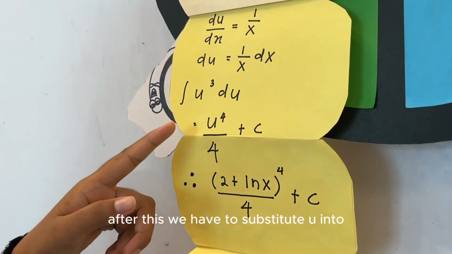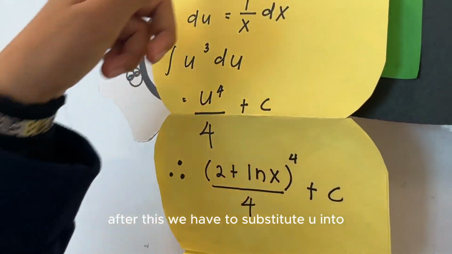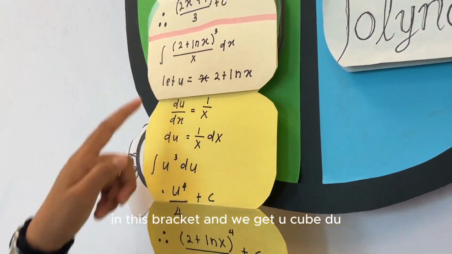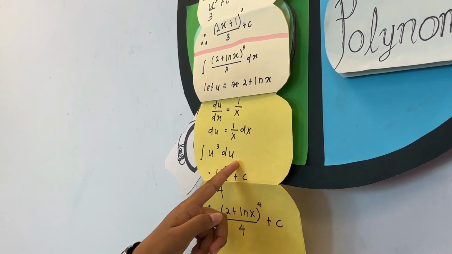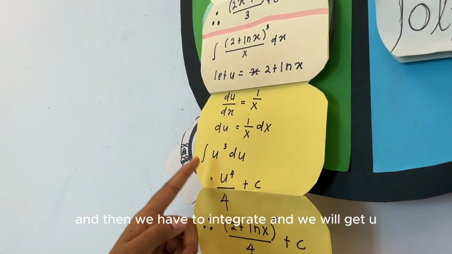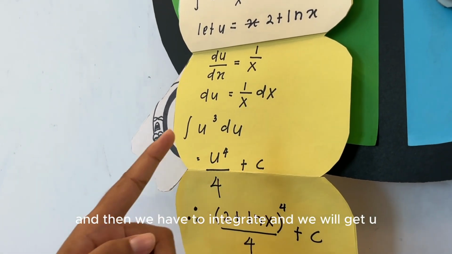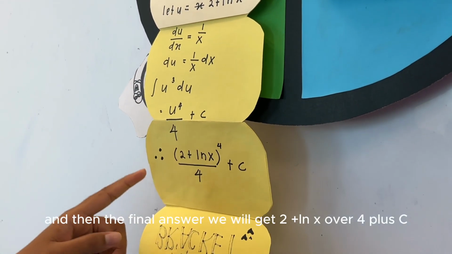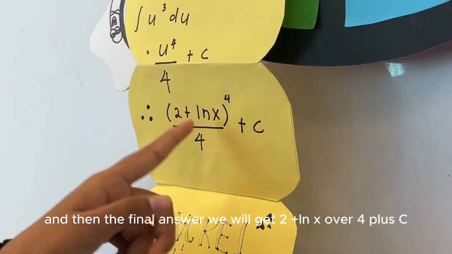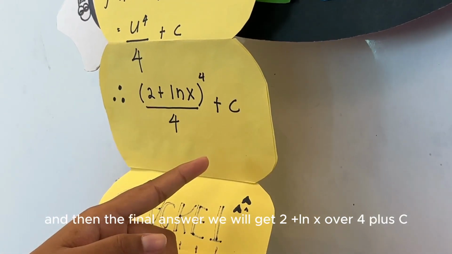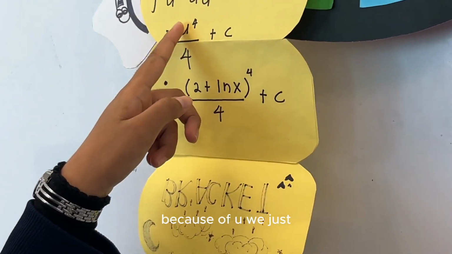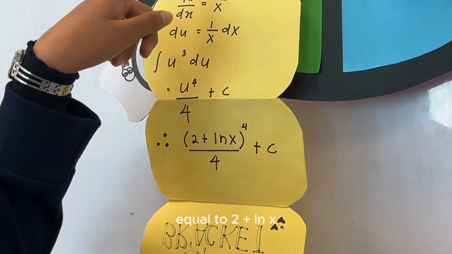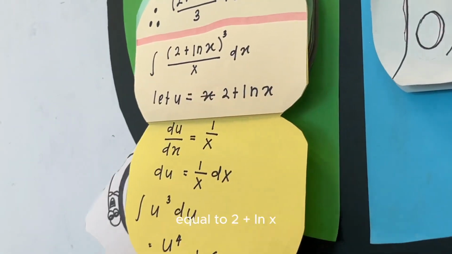After this, we substitute u into this bracket and we get u cubed du. Then we integrate and we get u to the power of 4 over 4 plus c. The final answer we get is (2 plus ln x) to the power of 4 over 4 plus c, because u is equal to 2 plus ln x.